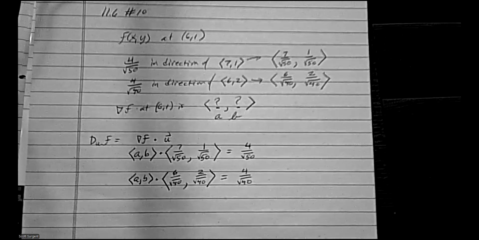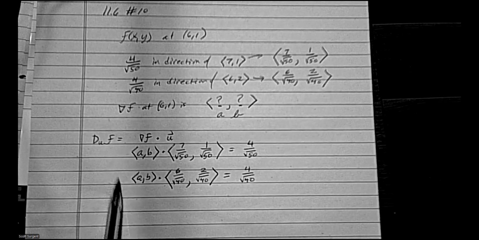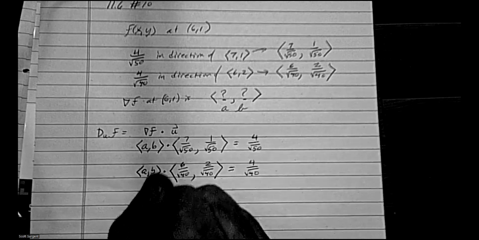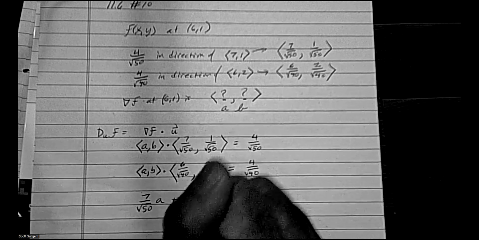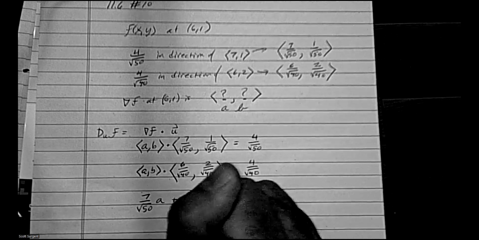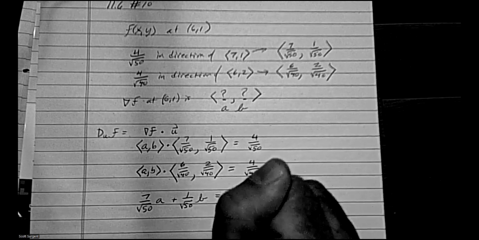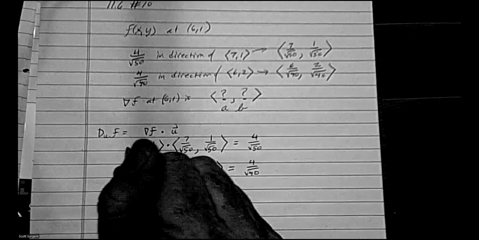Okay, now let's actually perform the dot product. So this one I'll do right here. The first one, it's going to be 7 over rad 50 A plus 1 over rad 50 B equals 4 over rad 50. That's this one here.